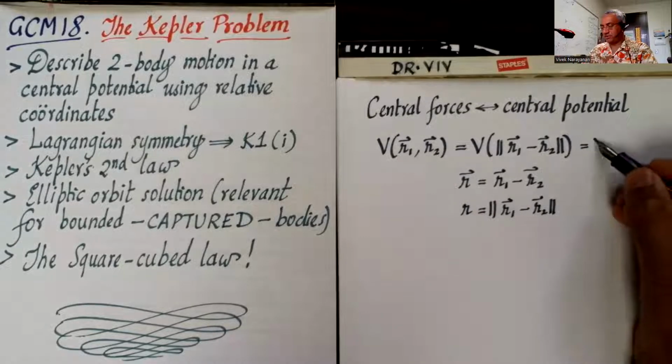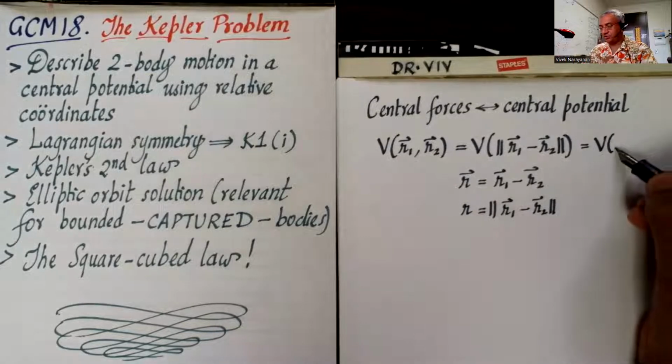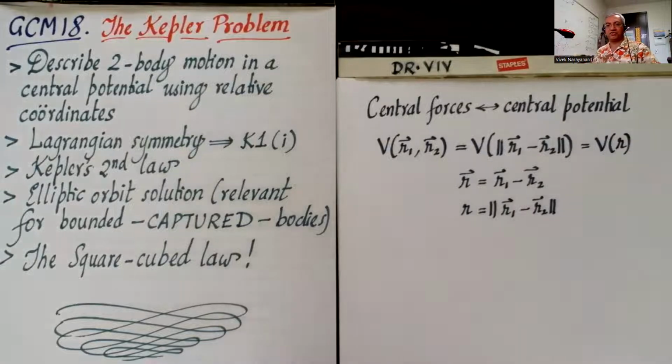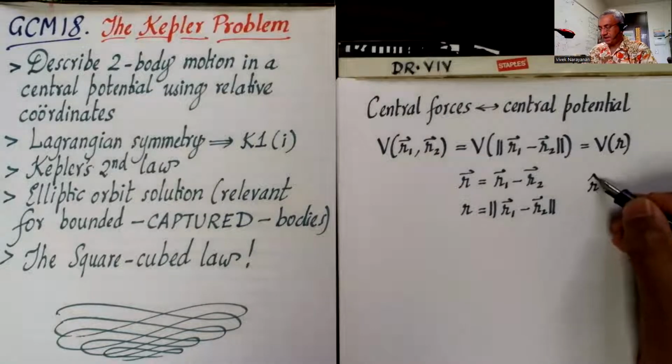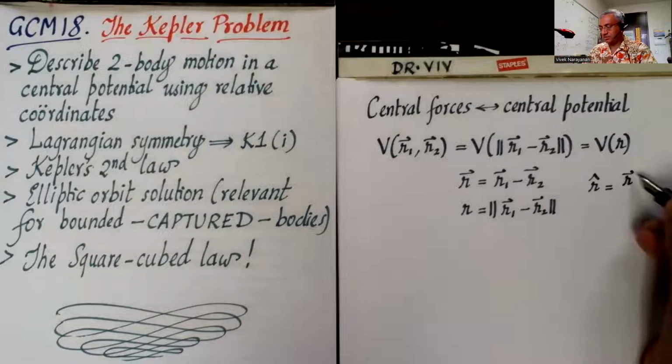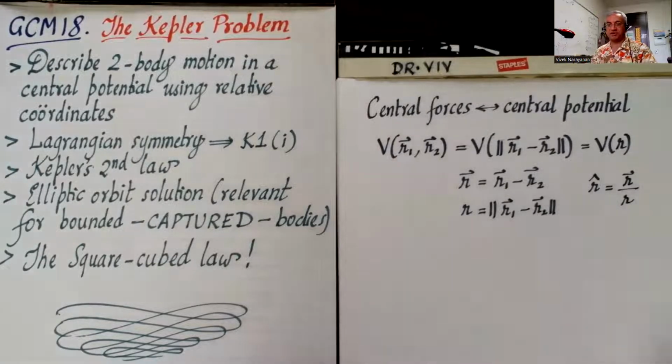So another way of writing the definition for central potential is that it is simply a function of r. Now when I write r hat, I simply mean the relative vector divided by its magnitude. So with that, let us write a couple of examples of central potentials.